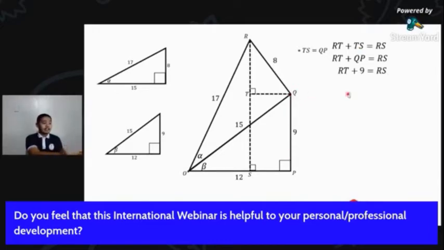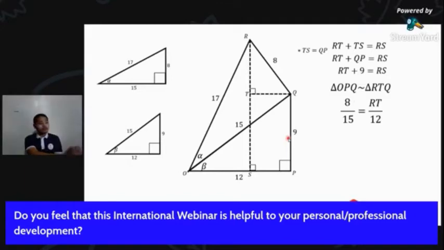Now, let us identify the value of RT. How? Using the concept of similar triangles. So RQ over OQ is equal to RT over OP. The measurement of RQ is 8. OQ is 15. RT is the one that we are identifying, so RT will remain the same. OP is 12.